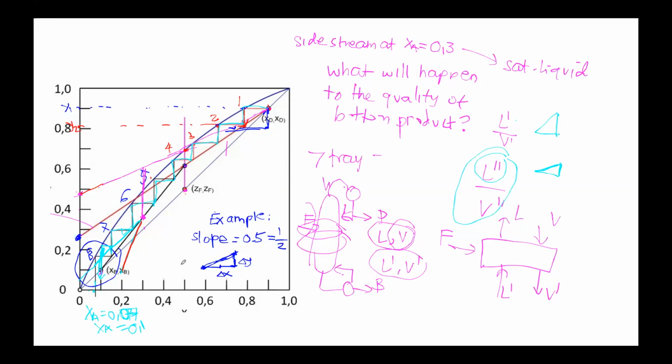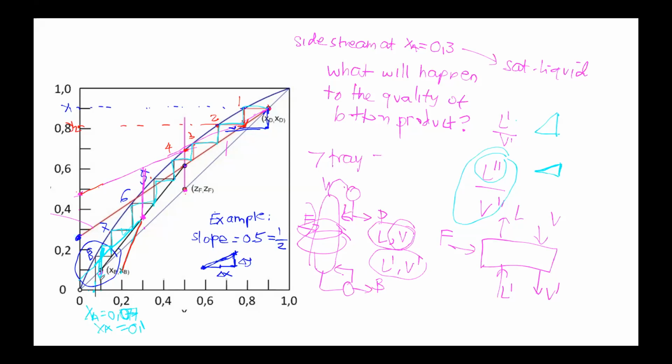So the fraction of B in the bottom would be lower. Yeah, the B is lower. If we get more fraction of A, the B will be lower.